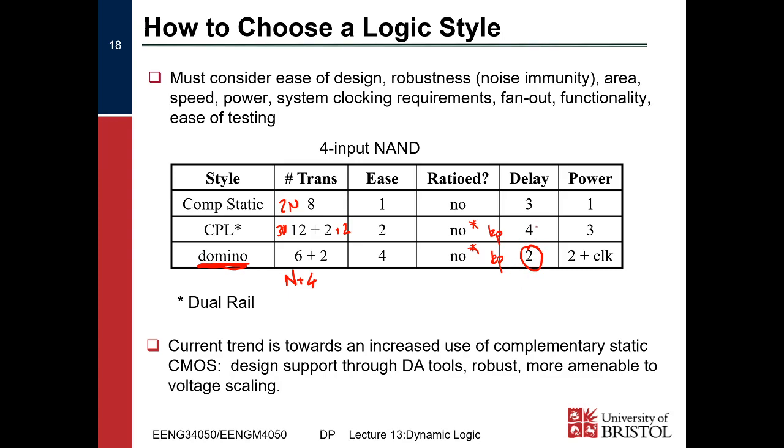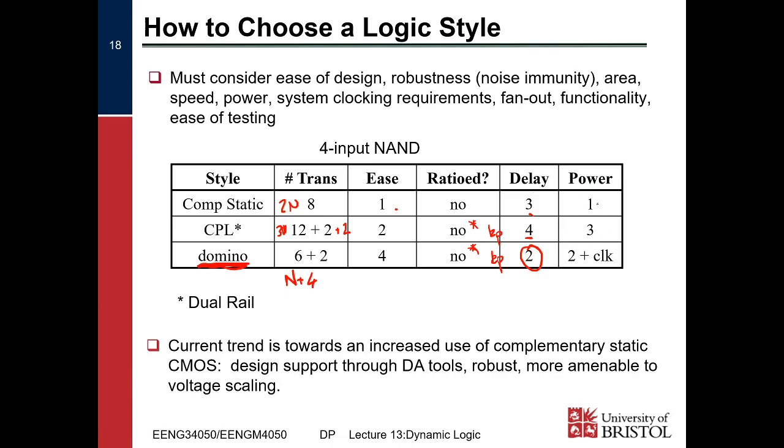Pass transistors, because there's so many stages of logic between your VDD and your output, normally that one ends up slower than your complementary CMOS logic, and so this one will end up with a worse performance but has other benefits. And the same thing with pass transistor logic. It has other benefits to it, but it's not going to be the fastest system. Complementary static gives you a relatively good delay while being very easy to design.